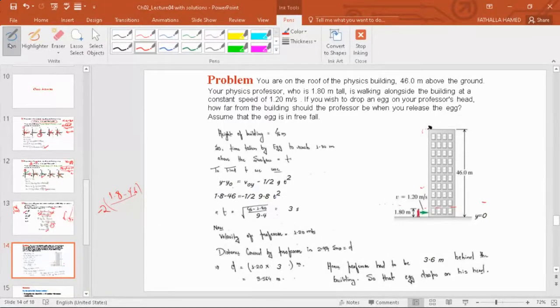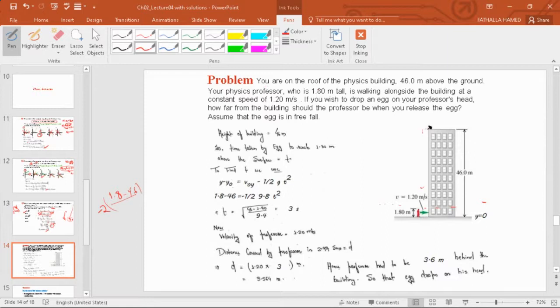In this problem here, it is combining two things. It's combining one-dimensional motion along the x-axis for the professor and a free fall along one dimension for an egg.